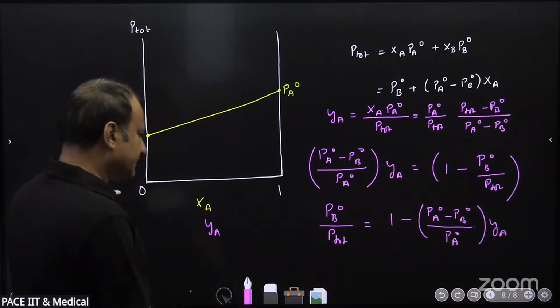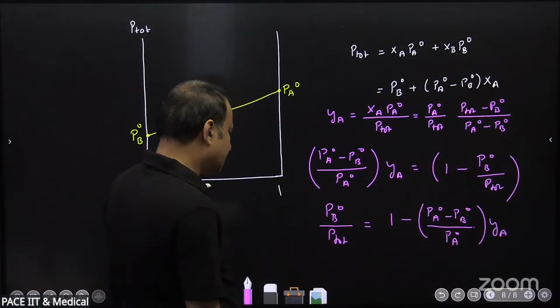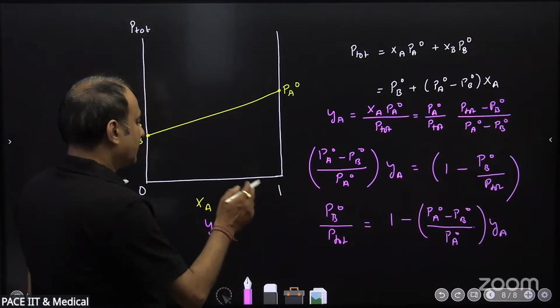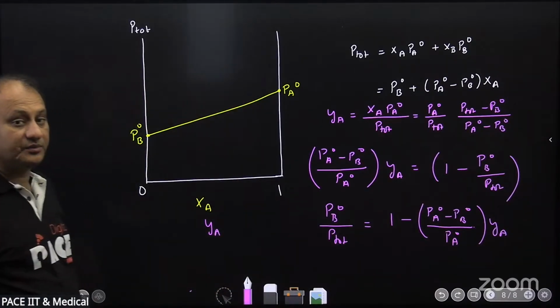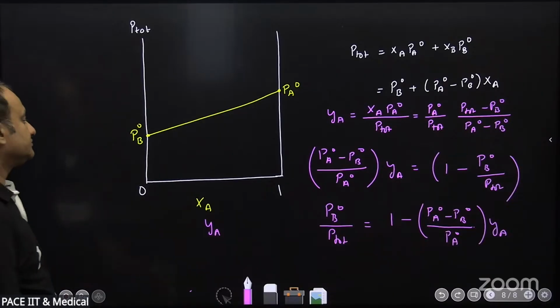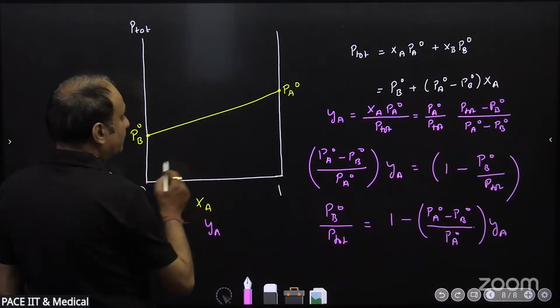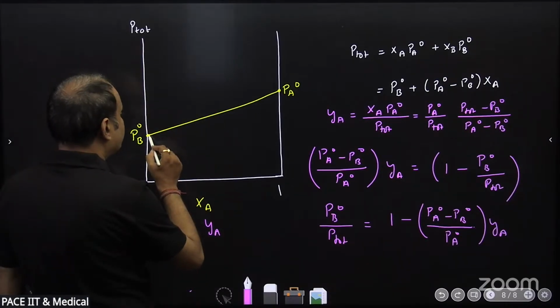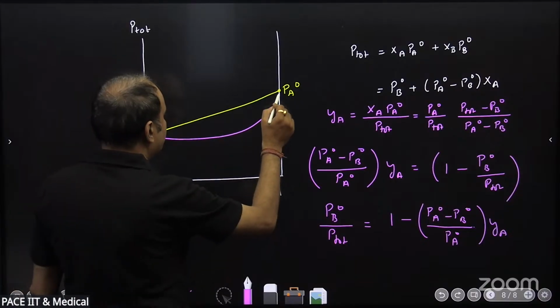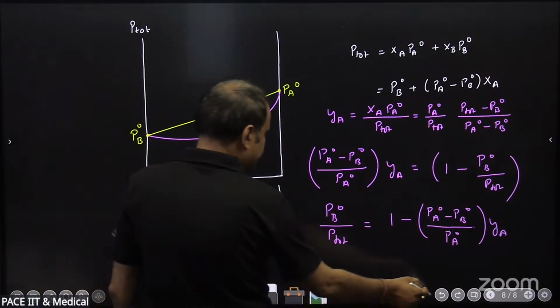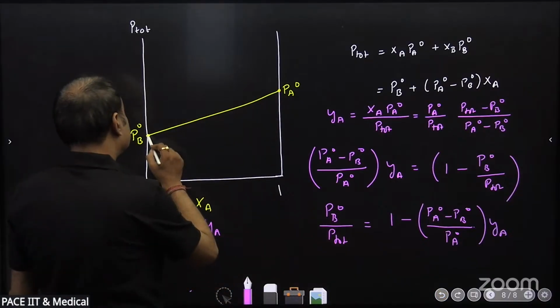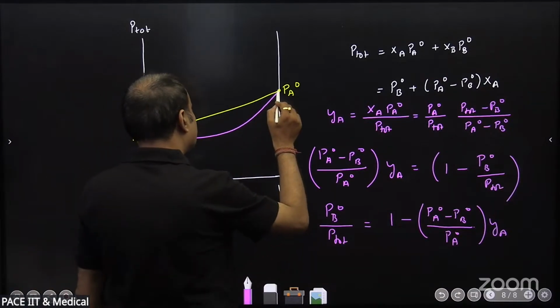You can take a reciprocal, correct? And we can see this graph is giving me a hyperbolic relation. So the P total versus YA graph will be like this. Okay.